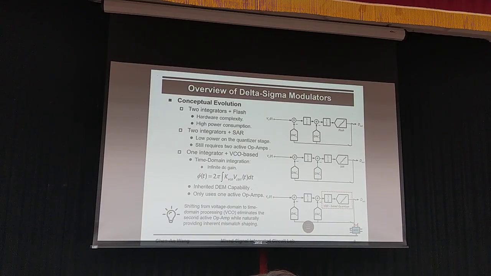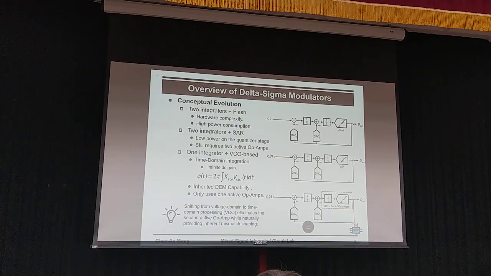Moving from the early flash ADC to the later SAR ADC architecture, which successfully saves power at the quantizer stage, the system still could not escape the hardware overhead of requiring two active op-amps.